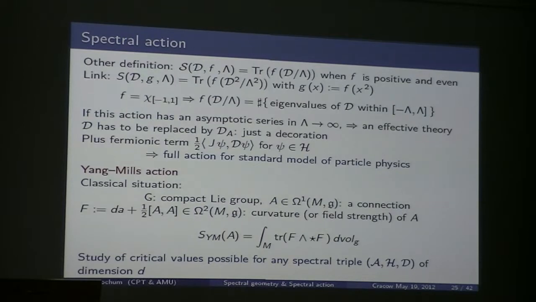And if you replace D by a decoration with a one form, then of course your life is more complicated because the computations are more complicated, but it's exactly the same. So if you add this fermionic term here, where you have the presence of J, then you can prove that you have the full action of the really standard model of particle physics.